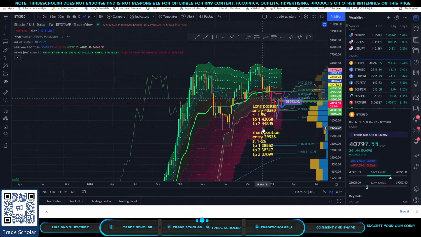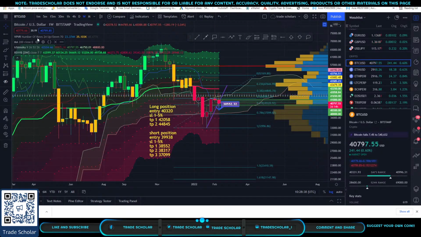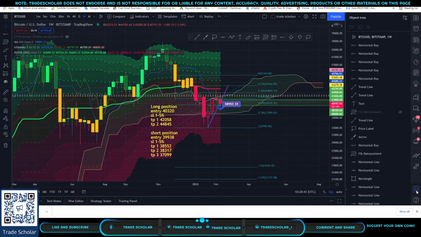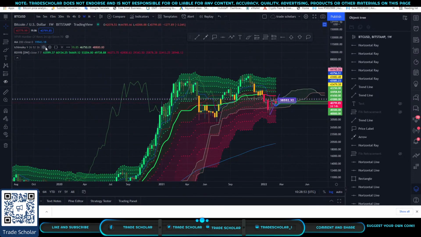In our Caterpillar, we are just starting to accumulate again, to consolidate. Let's hide the Ichimoku.